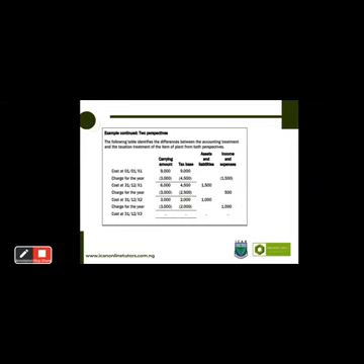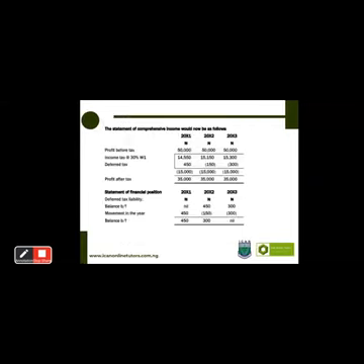So on that note, we see that for 2001, this 450 is not in brackets because it is an asset. Remember, it is a deferred tax asset, not a deferred tax liability.